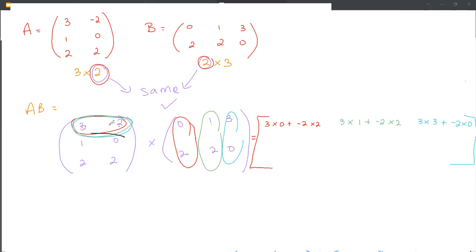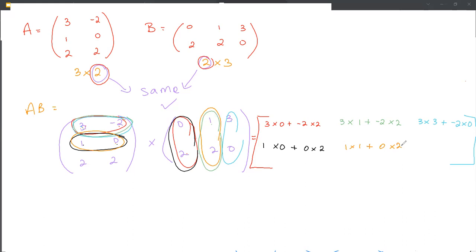Next one, I'm finished that row by each column. So first, the second row, first column. First times the first plus second times the second. Second column, first times the first plus the second times the second.